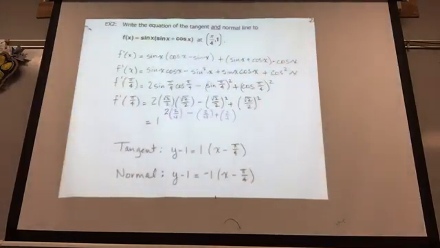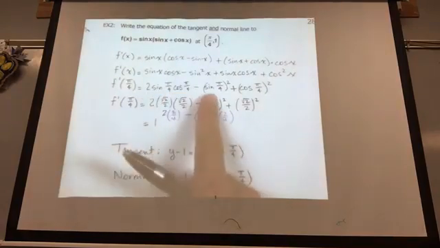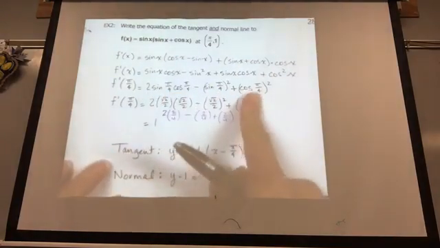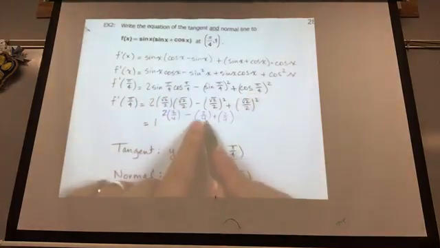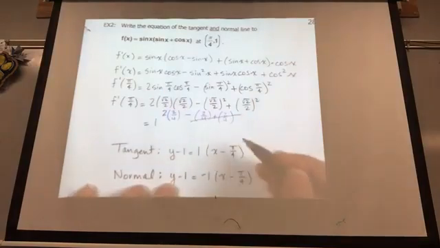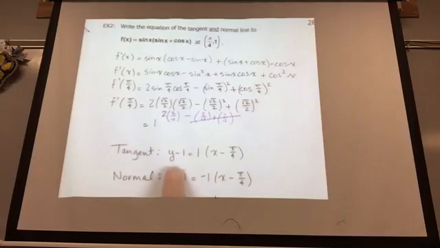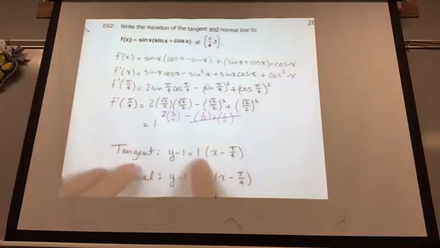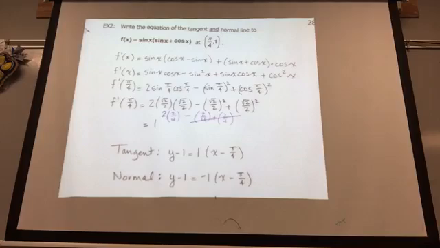You can simplify that if you want to. So you have 2 sine of x cosine of x minus sine squared of x plus cos squared of x. Plugging in the pi over 4s, right here a negative and a positive cancel out. And so you have 2 times 2 over 4, which is 1. So there's your equation of your tangent line. It has a slope of 1, which would be the fraction 1 over 1. So opposite reciprocal would be negative 1 for the normal line. Good job.